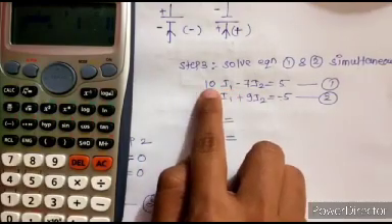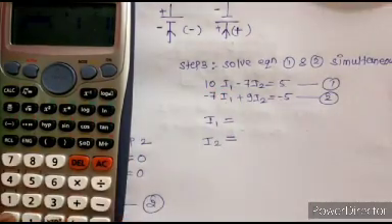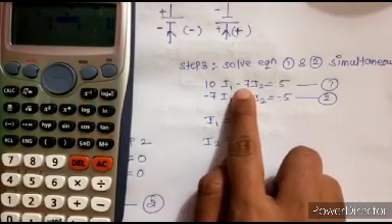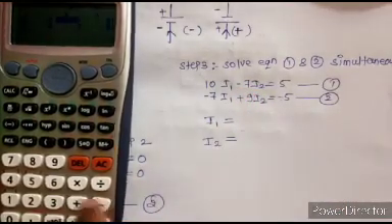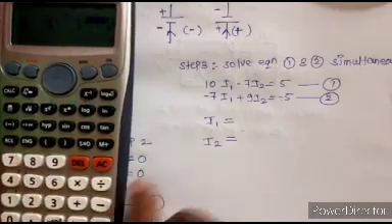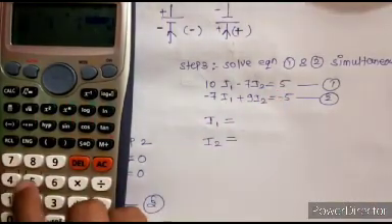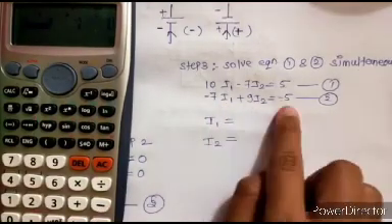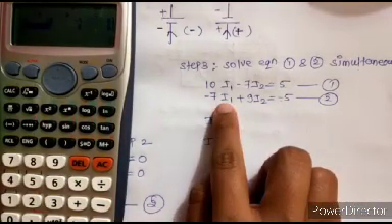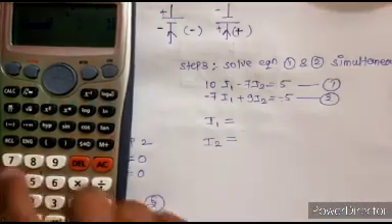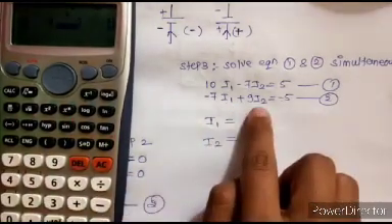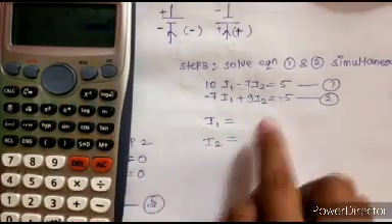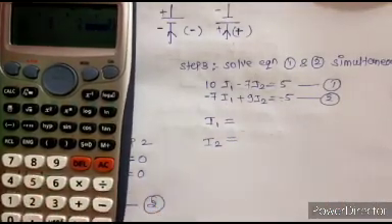First, the coefficient of I1 is 10, so press 10. The coefficient of I2 is -7, so enter -7, and the constant is 5, so enter 5. In the next equation, the coefficient of I1 is -7, the coefficient of I2 is 9 and the constant is -5.